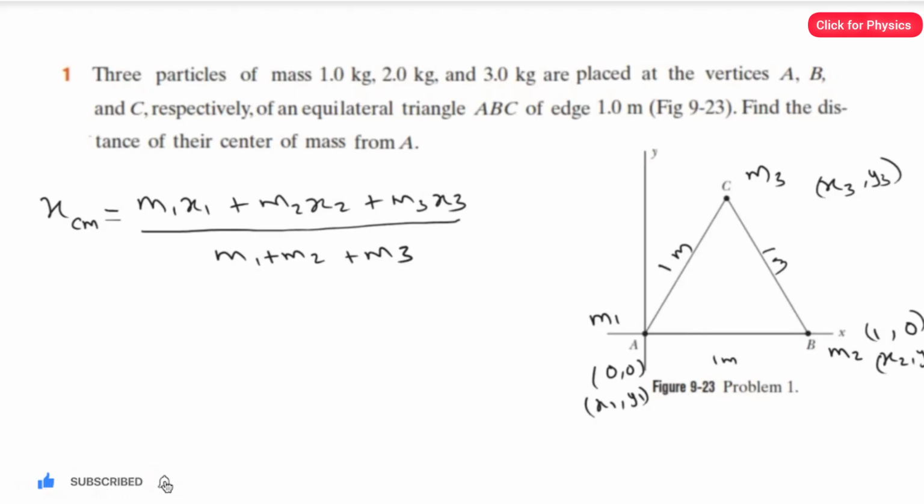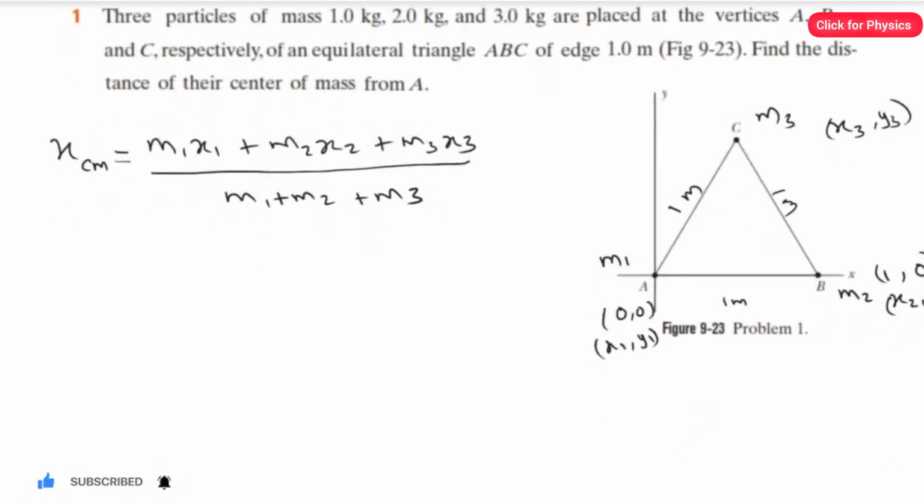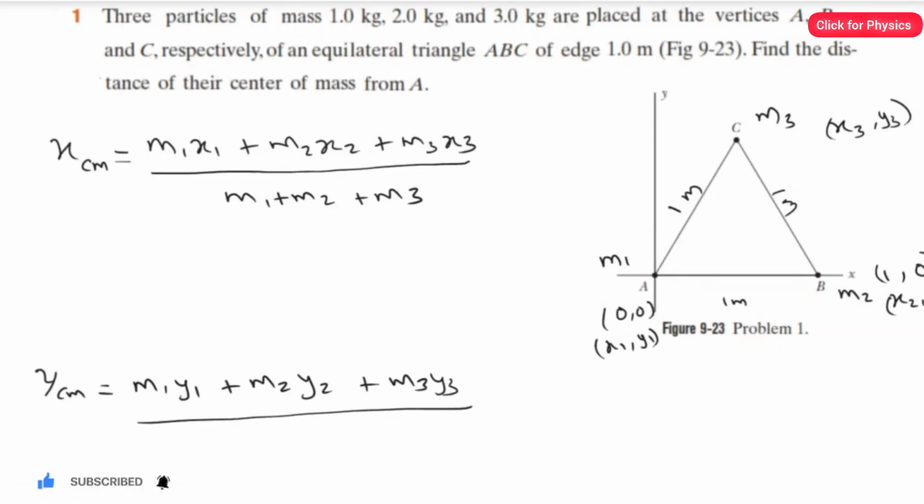Likewise, for the y center of mass, y CM equals M1 y1 plus M2 y2 plus M3 y3 divided by M1 plus M2 plus M3.